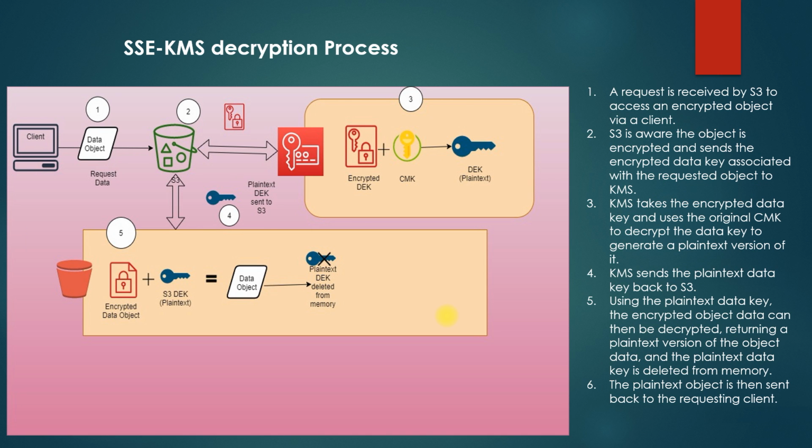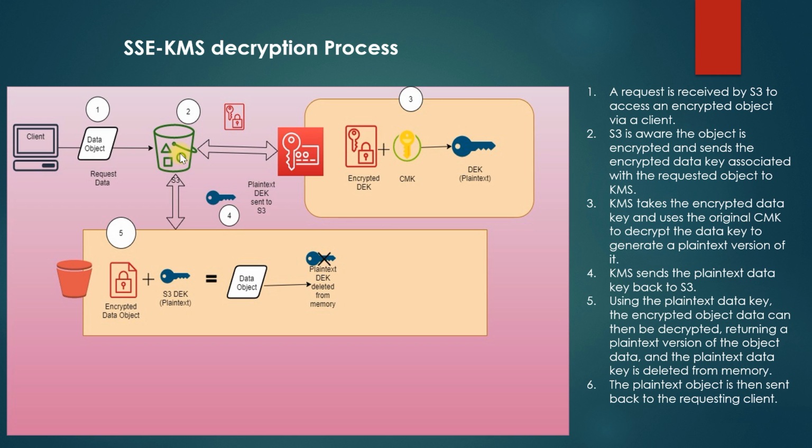Now we will be looking at the decryption process for SSE-KMS as well. When the client requests data from S3, we know S3 is storing the ciphertext data encryption key as well as the encrypted object.